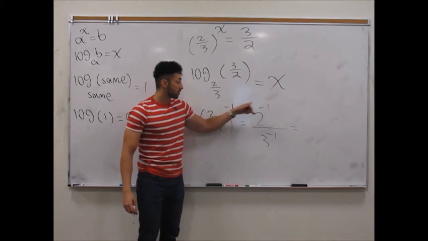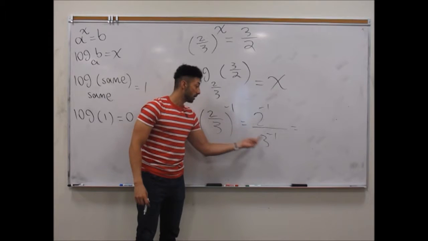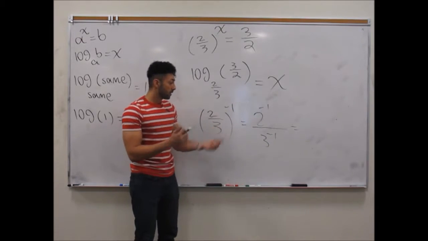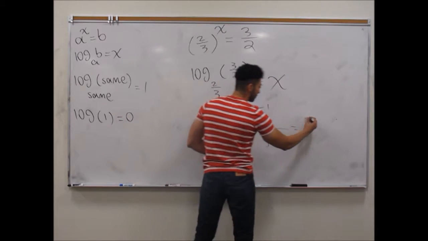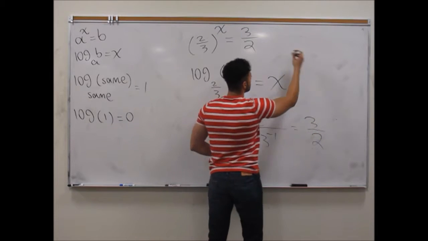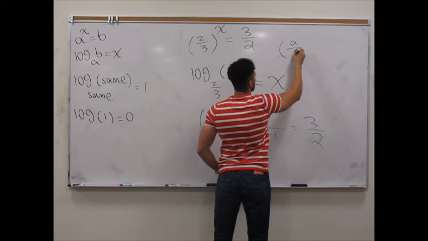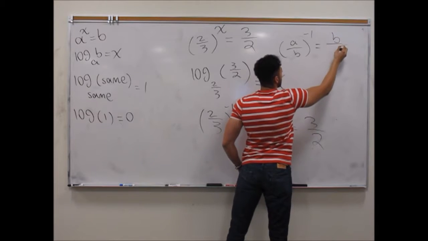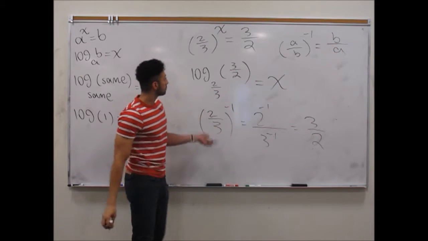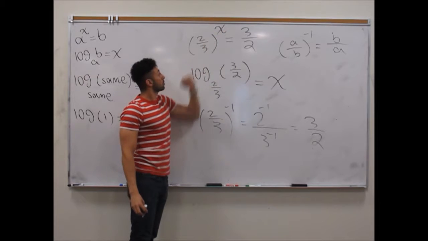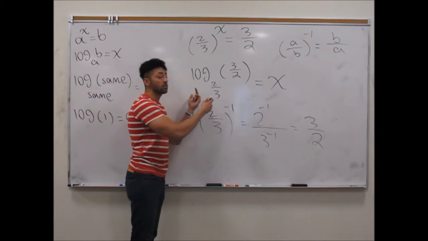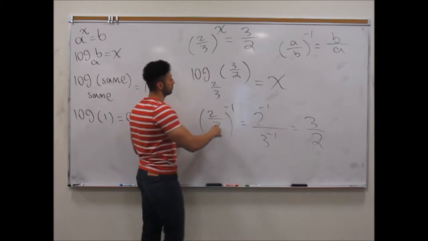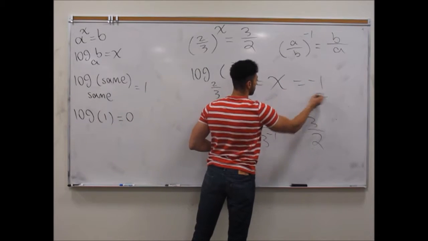And then a negative exponent is a positive on the bottom, and the negative exponent on the bottom is a positive on top. I think I'm explaining this too much, but you end up getting 3/2, just because we remember from our exponent laws, if you have a over b raised to the negative 1 power, that's equivalent to b over a. So the exponent that we are looking for, and that the log is going to evaluate for us, is negative 1. So x would equal negative 1.